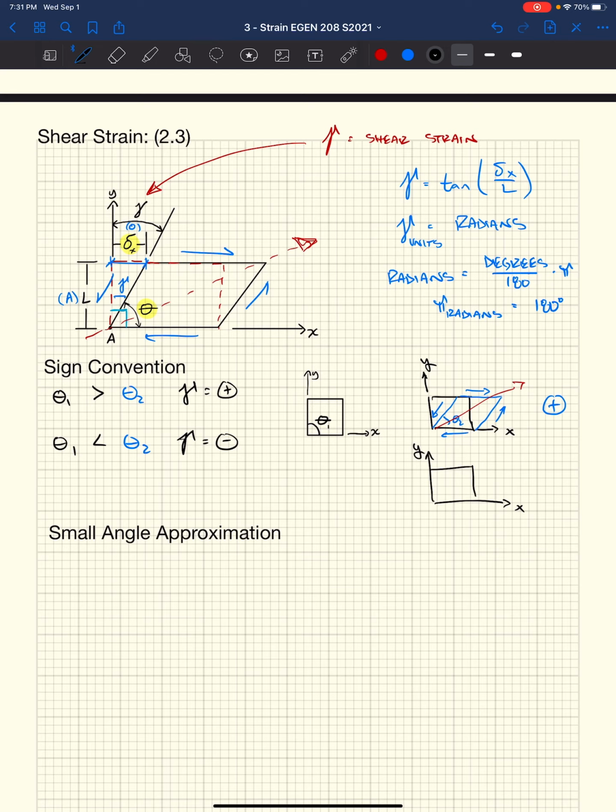Conversely, if we look at negative shear strain, we do something like this. And we have down and to the right, we have a negative shear stress. Similarly, we have a negative shear strain. This being theta 2. So we have theta 1 turning into theta 2 based on the imposed stresses.